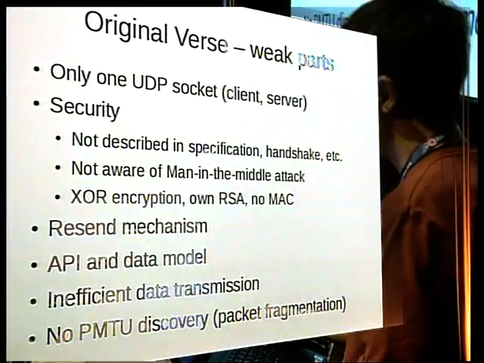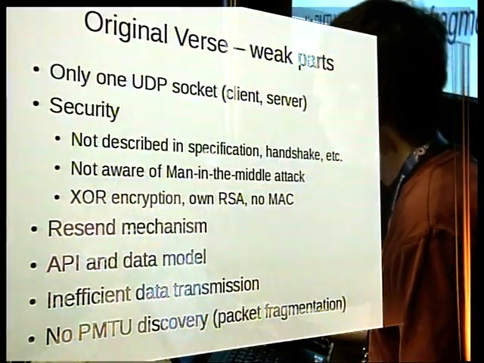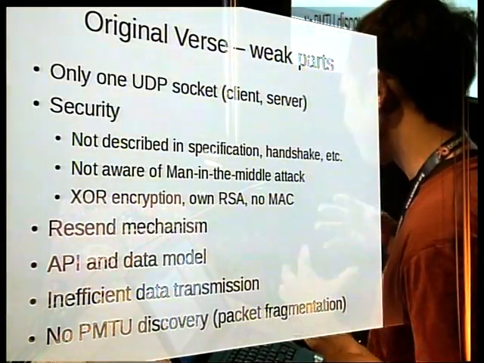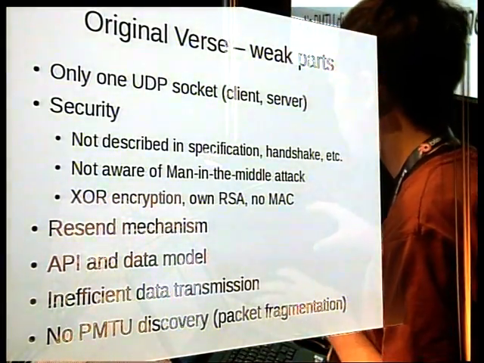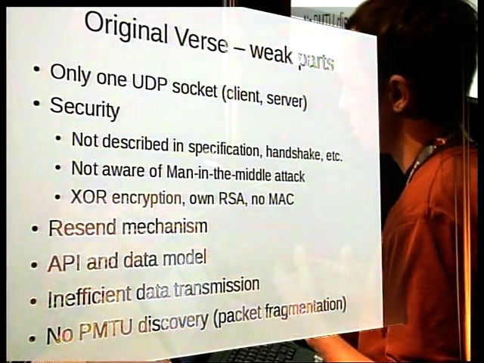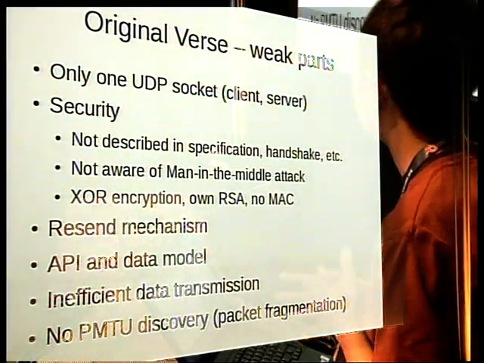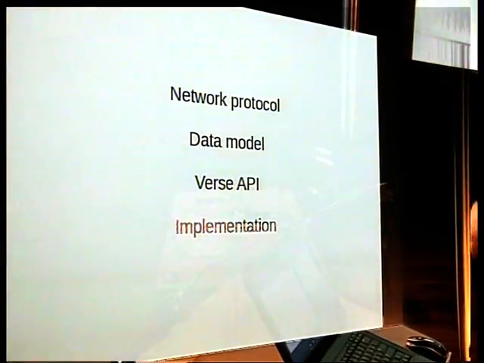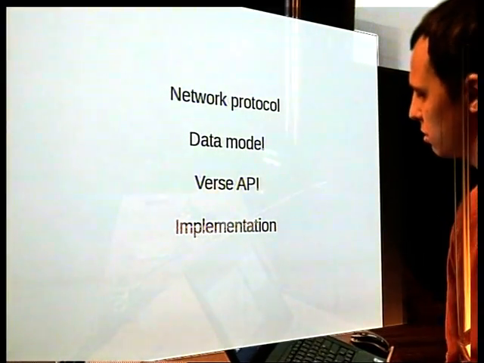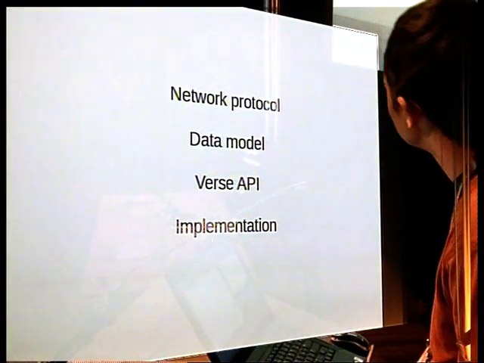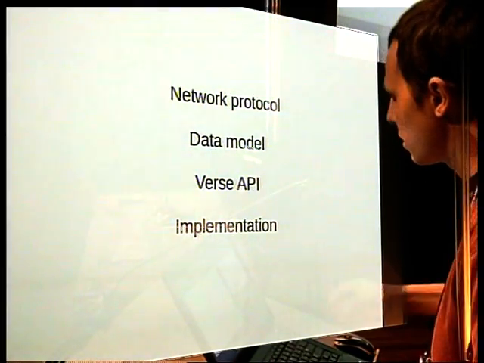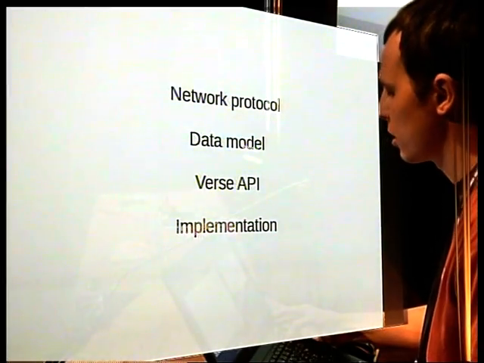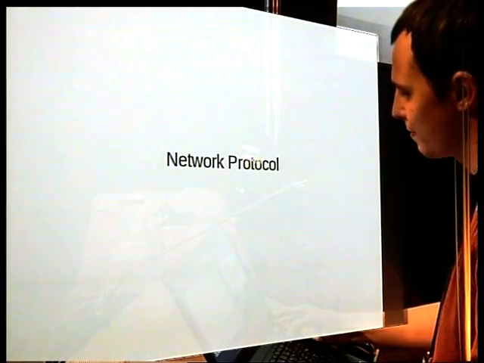And it doesn't use path MTU discovery, so when you are connected to the Verse server at localhost, then in this case packets are fragmented unnecessarily. So I will talk about the network protocol first, then I will talk about the data model, then the API, and finally about the implementation.